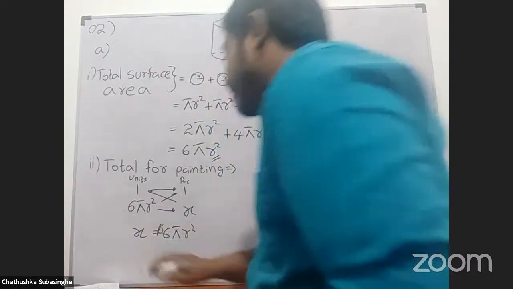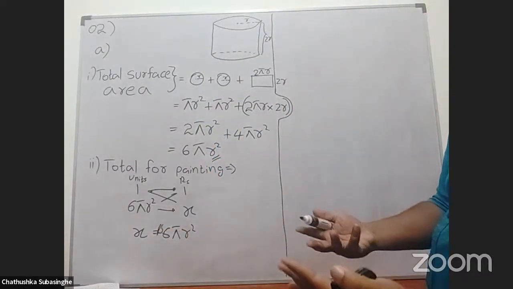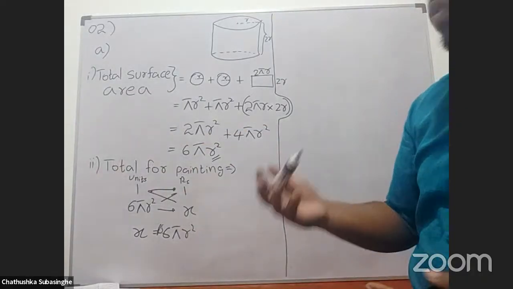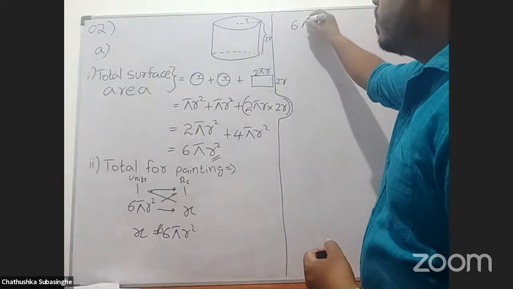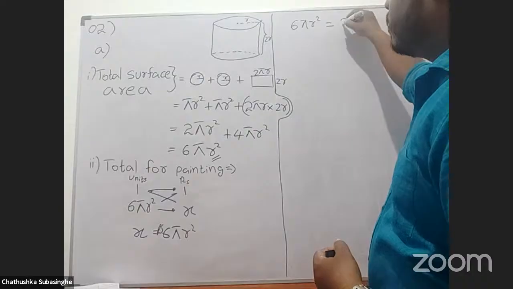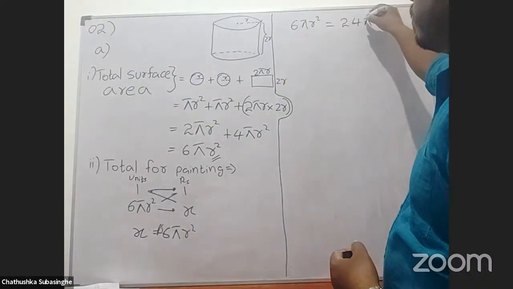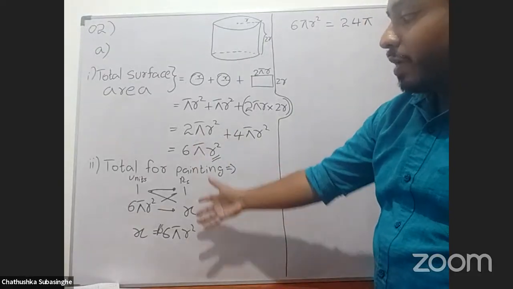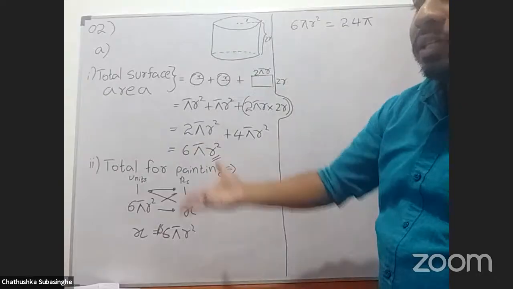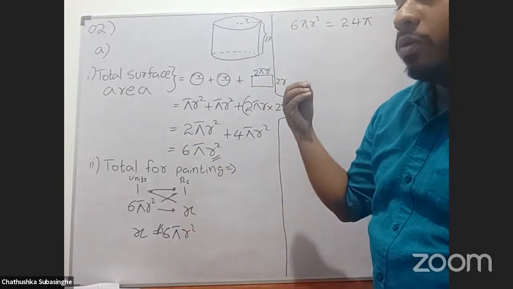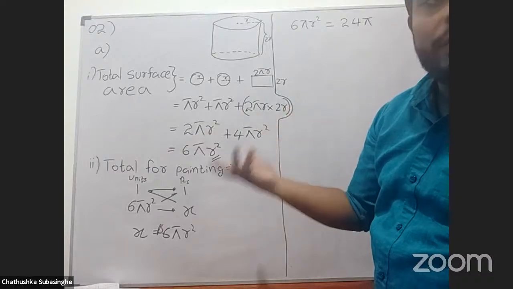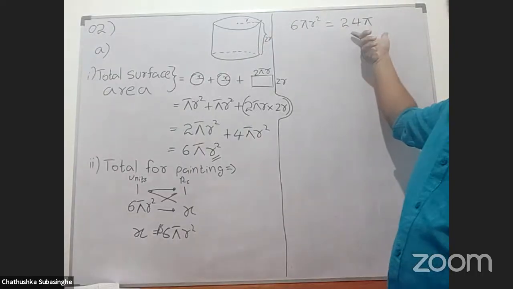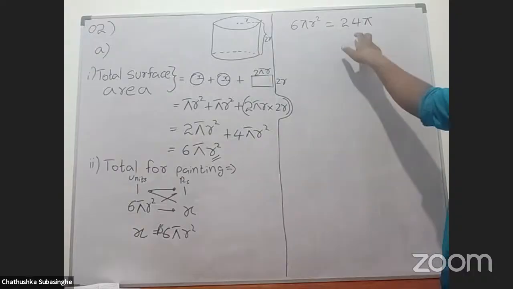So this amount and that amount are equal, and we can write 6 pi r squared equals 24 pi. Why? 6 pi r squared is the total amount we need to spend to paint the cylinder, and in the question they have given that it costs 24 pi rupees. This is something we have found, this is something they have given, so these two are equal.